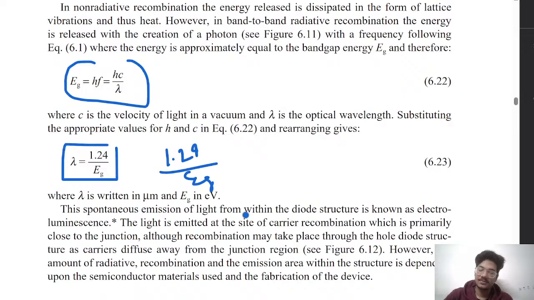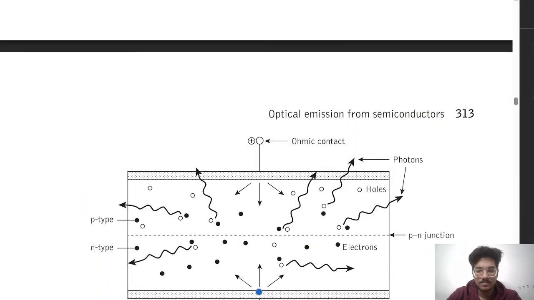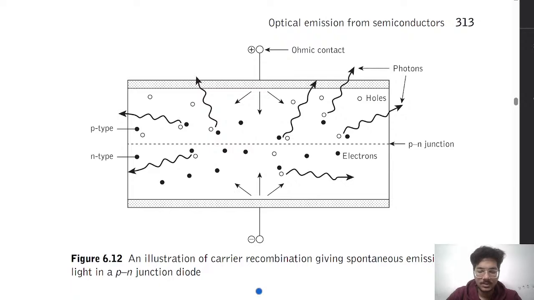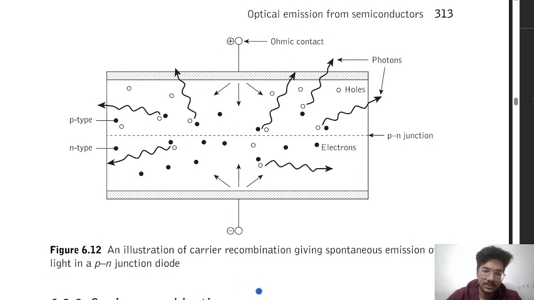Now we have to see the definition of electroluminescence. Electroluminescence is light emission due to electrical excitation.